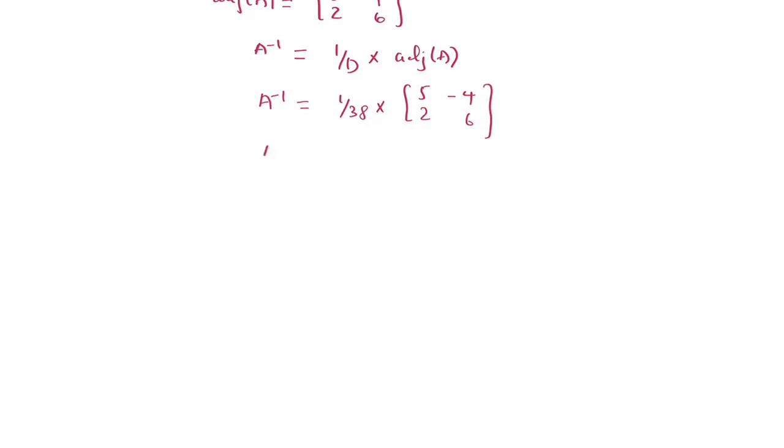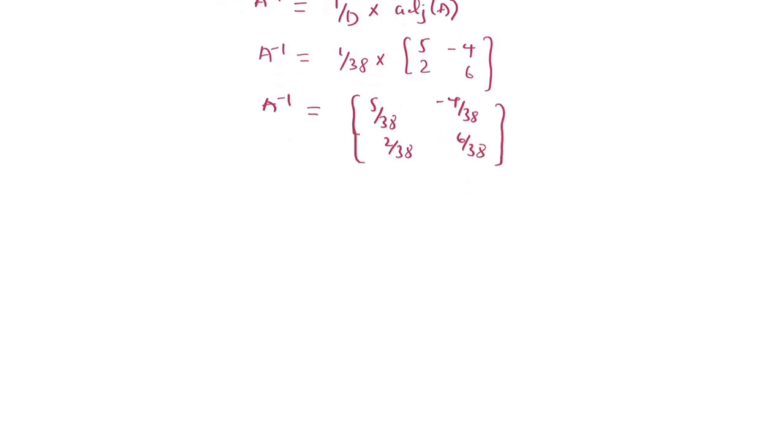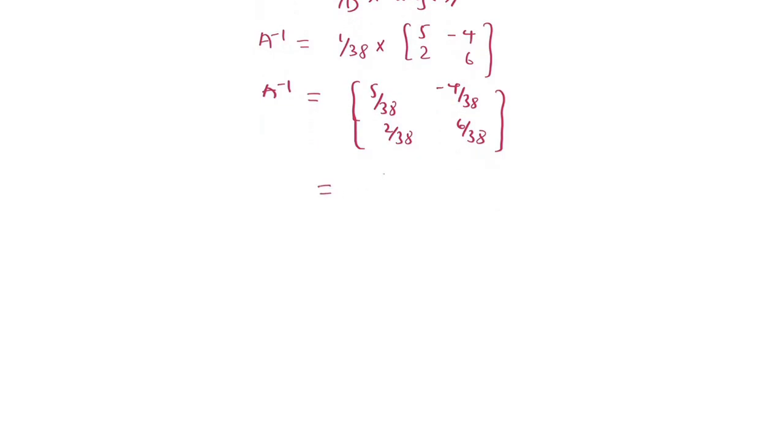Then we are having A inverse equals to matrix 5 over 38, 2 over 38, -4 over 38, 6 over 38. Okay, so simplifying these elements, we are having 5 over 38, 1 over 19, -2 over 19, 3 over 19.